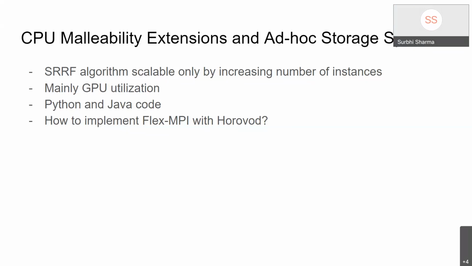More questions? I have another question related to storage. You are reading the images and then storing the result. Do you also store the images in the intermediate steps, or just results? What is the output of the application? The output of the application also includes checkpoints, as mentioned here.